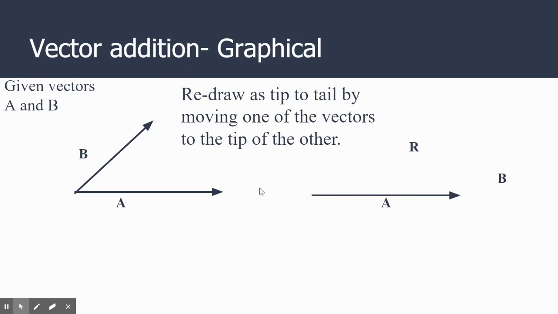Now, tip to tail, what does that mean? Well, the tip refers to the pointy part of the arrow. These here are the tips of the arrow, and the tails are these ends here.